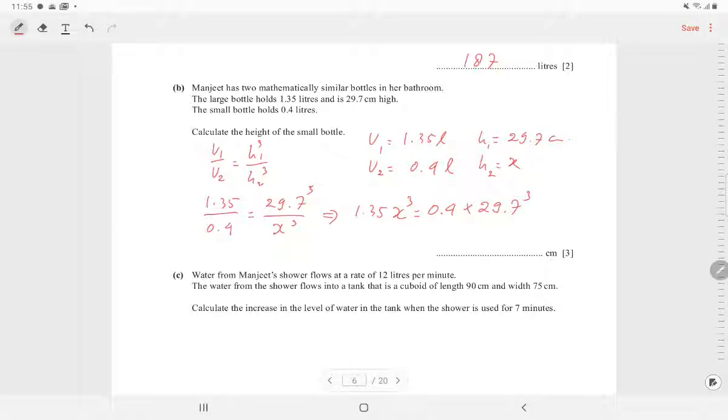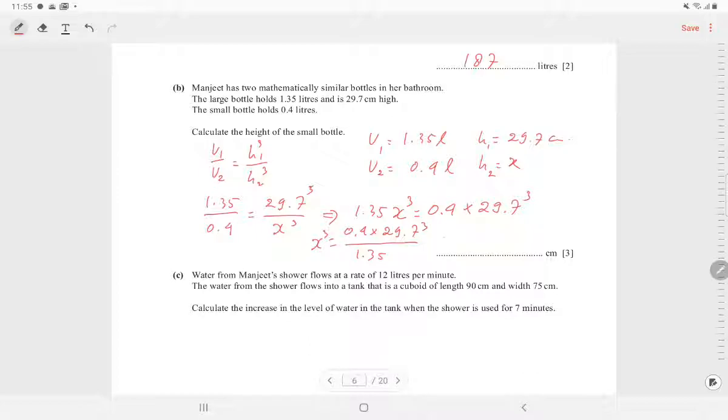Okay, so then we have x cubed equal to 0.4 times 29.7 cubed over 1.35.